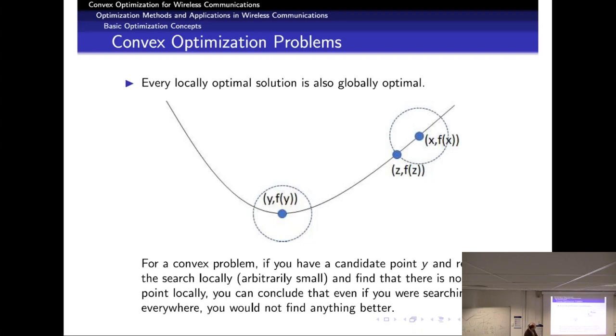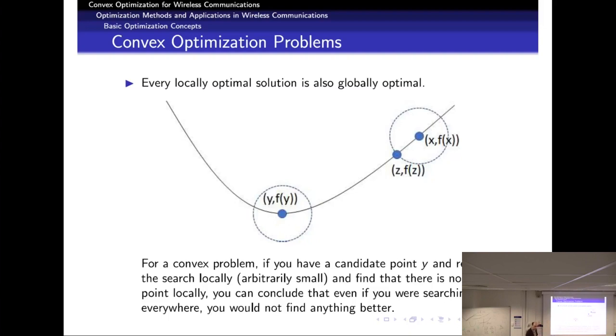But if I come here, I can search locally and find that this point is actually a local optimum. If I move to the left or I move to the right, the function f of y will actually increase, right? So this is a local optimum point. Well, for a convex problem, the usefulness is that if you can find such a point that is locally optimum, you can say this local optimum will be the global optimum.